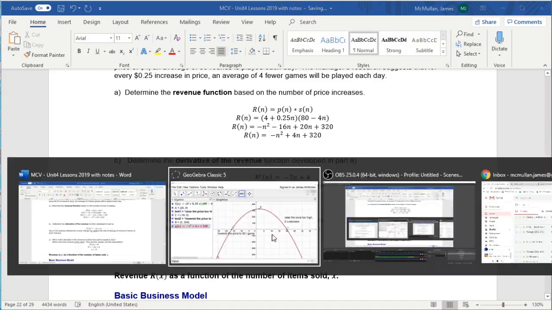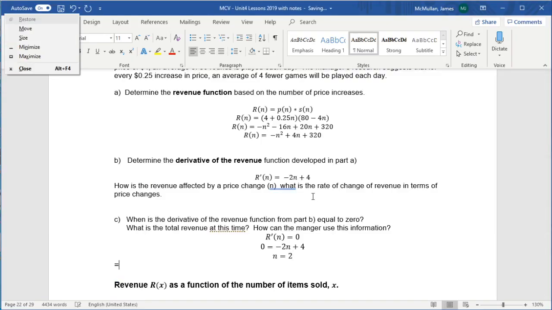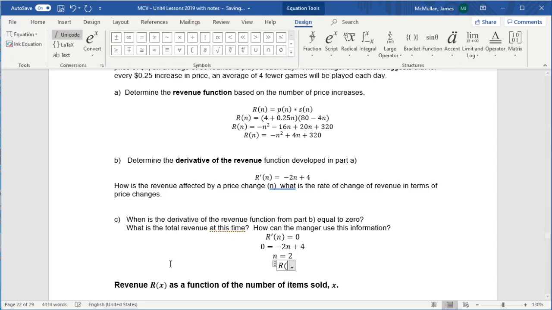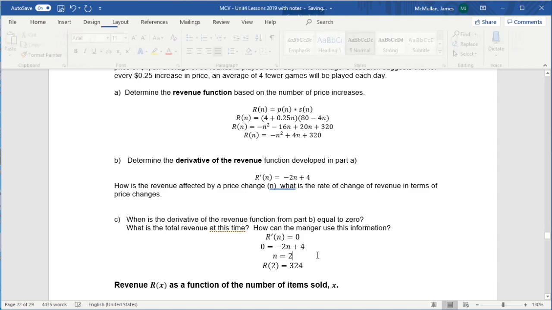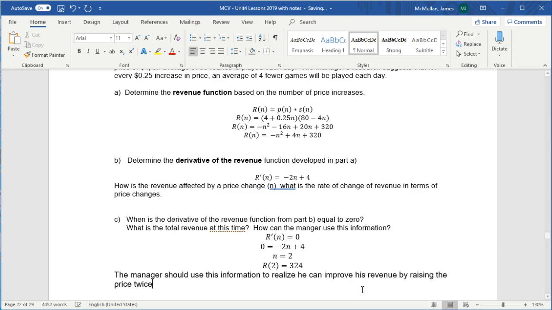Of course, this corresponds to the idea of the maximum, the best possible location, and we know that R of 2 is 324, which is slightly better than his current situation. So the manager should use this information to realize he can improve his revenue by raising the price twice and losing 8 games per day.